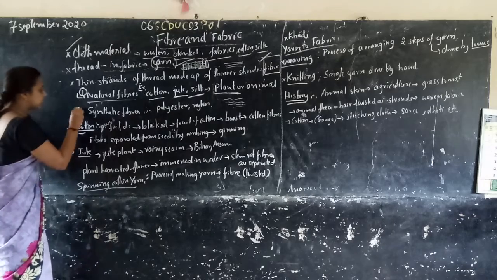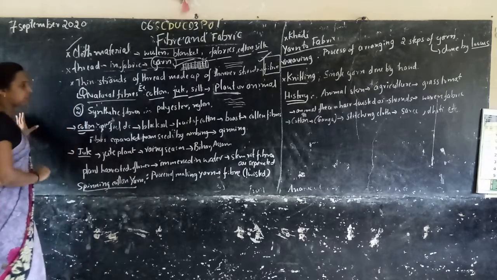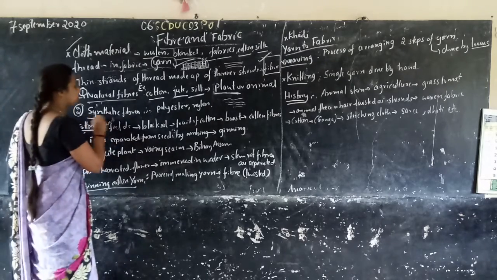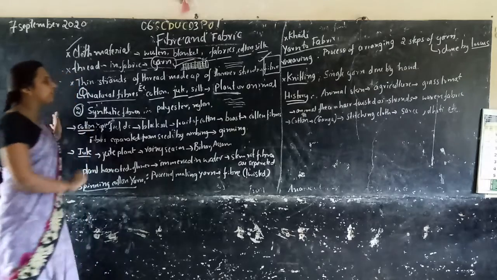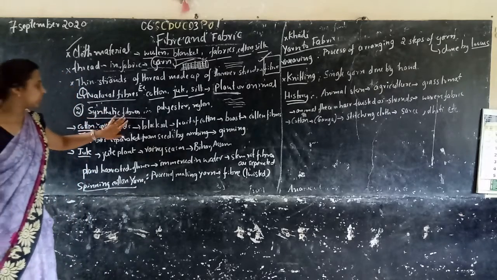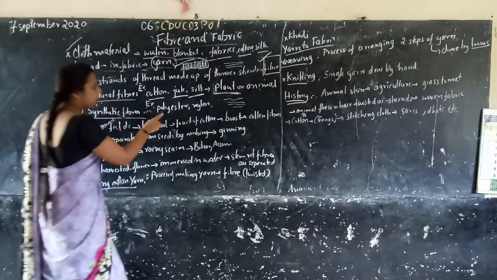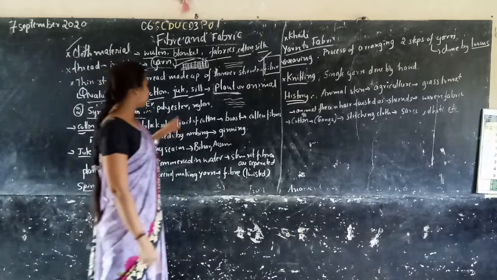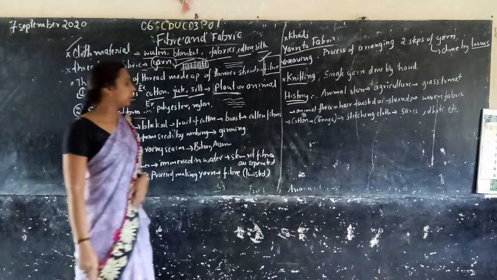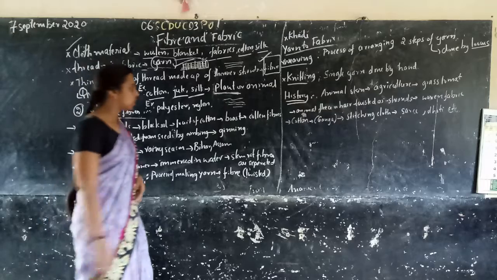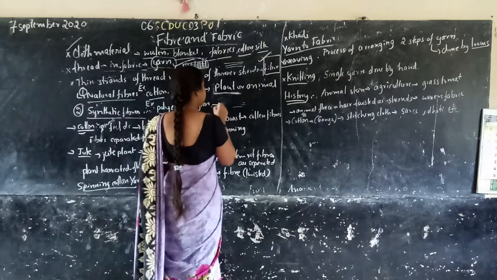Next, the second one is synthetic fiber. What is this? It is the opposite of this. Examples are polyester and nylon. These are two examples. What does it mean?